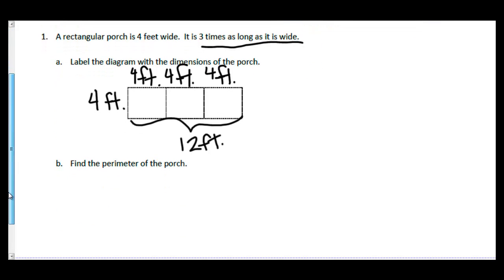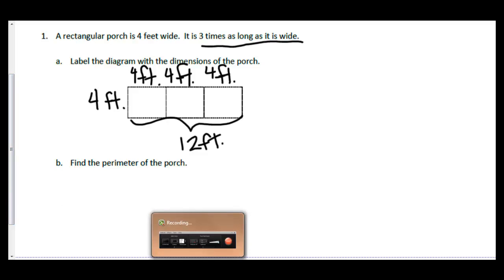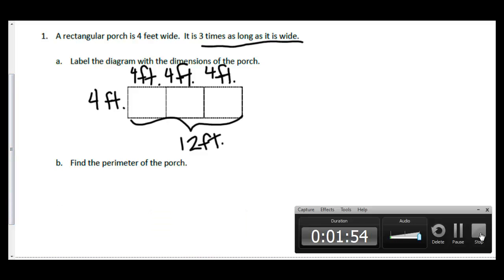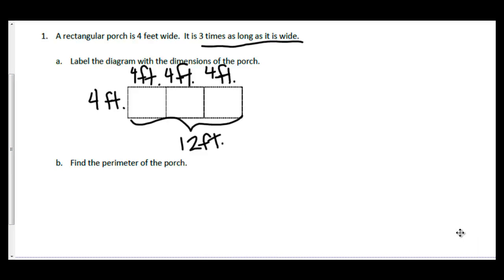Now we're going to find the perimeter of the porch. You can use any formula that you want. I'm going to stick with the formula of the perimeter equals 2 times the length plus the width. I'm going to start with the formula. Remember, the formulas are in your journal, so if you want to go back and look at them, there are 3 different formulas. I'm going to use this one: 2 times the length plus the width.